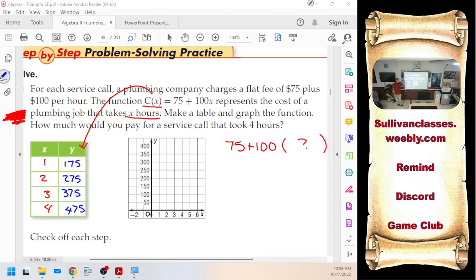Look at the scale. Look at the scale. Where are all these 75s going to end up? Halfway through the box.